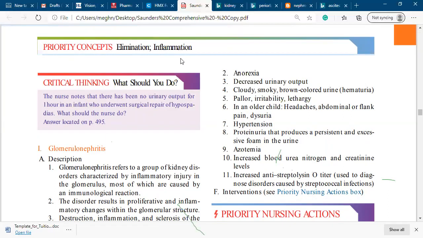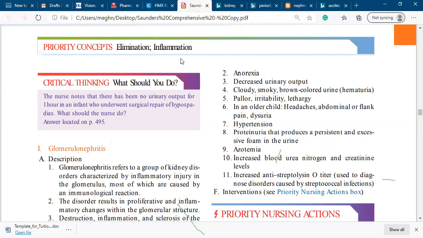If blood is there, it indicates hematuria, an underlying pathology. If WBC are present in the urine, it indicates underlying infection. So a simple urine microscopic examination indicates so many problems.